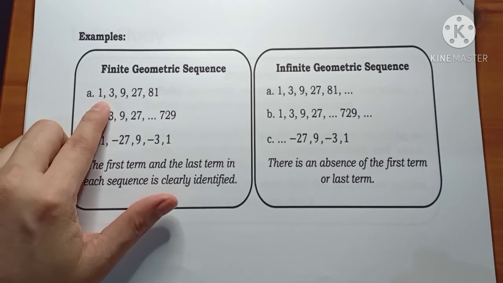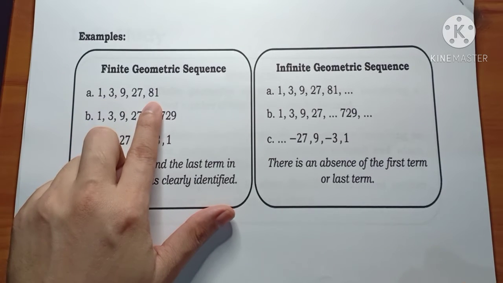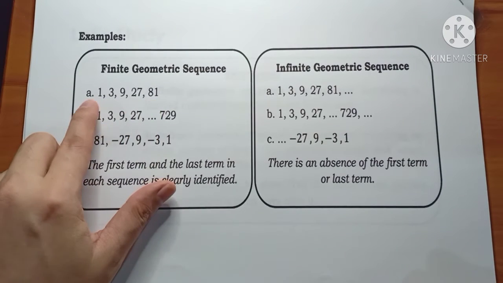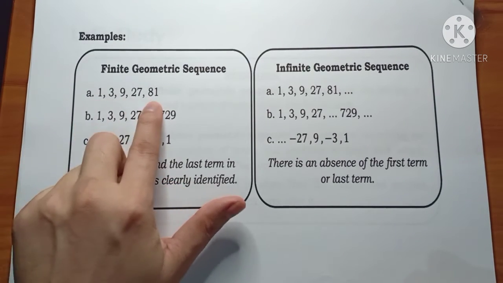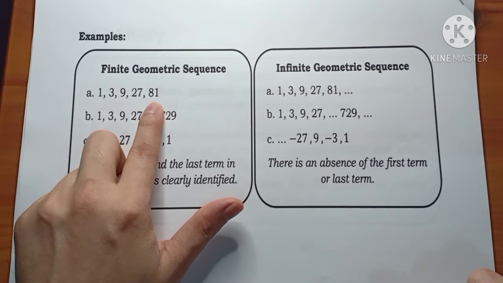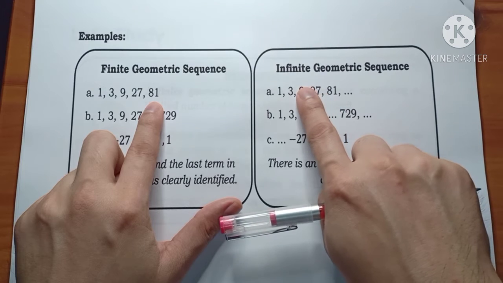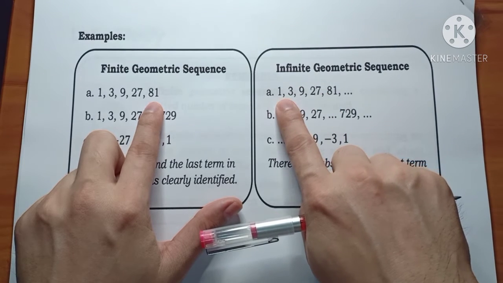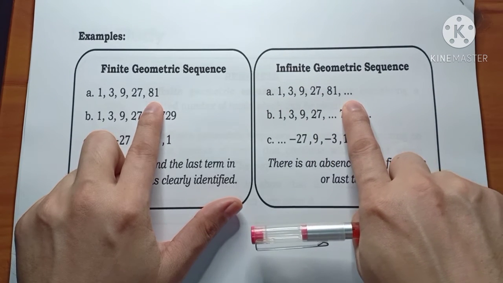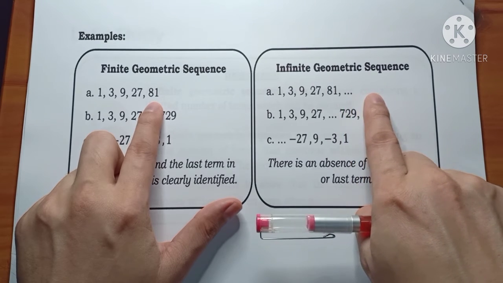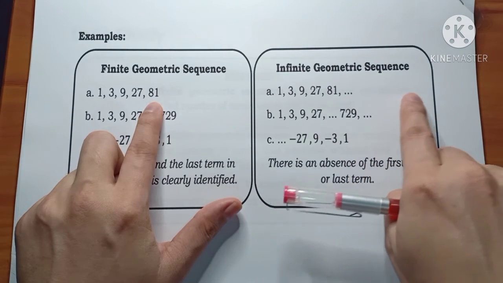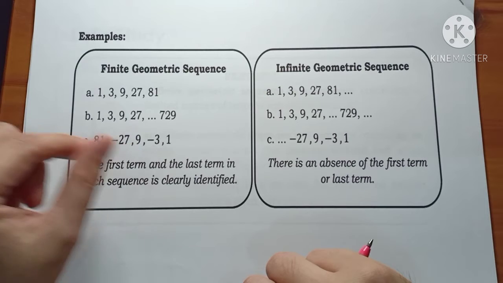Kasi meron siyang start, meron siyang last term. So, ang ating first term ay 1, at ang last term natin is 81. Therefore, dito naman sa kabila, kaya siya tinatawag na infinite kasi meron siyang start, pero wala siyang katapusan kasi continuous pa yan. Ibig sabihin, pag ituloy-tuloy pa natin yan, meron pa tayong mga terms dyan.